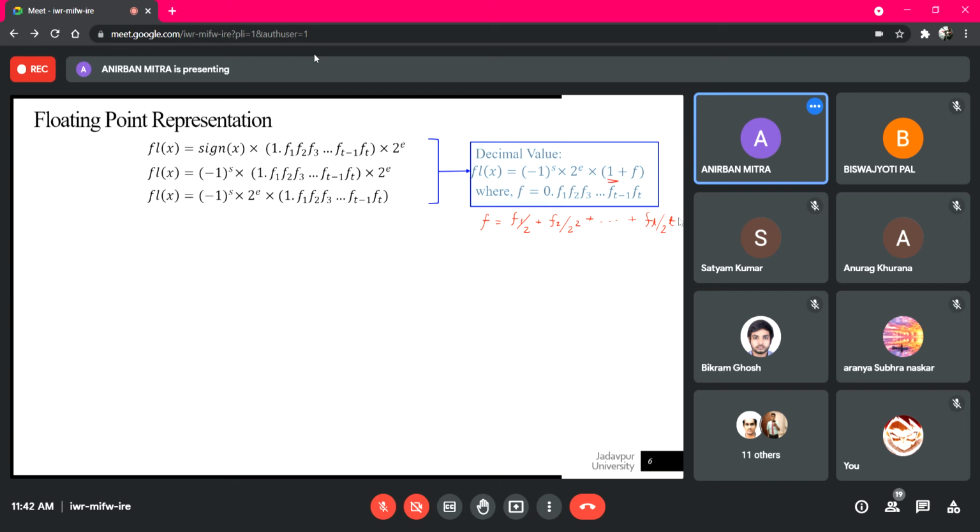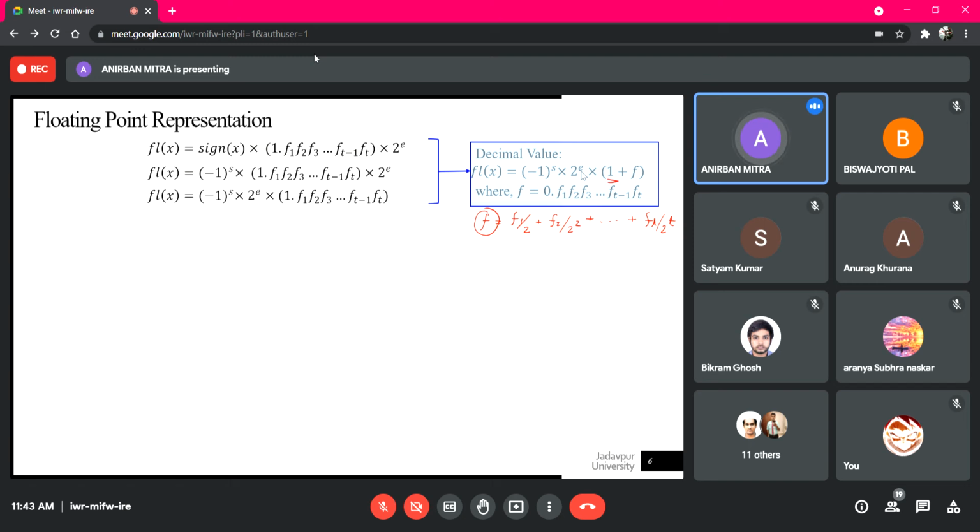Depending on whether these Fi's, that is F1, F2 going up to Ft, are zeros or ones, I can calculate a value for F, which can then be added to 1 to get the actual value of the mantissa, and then it is multiplied by 2 to the power e.